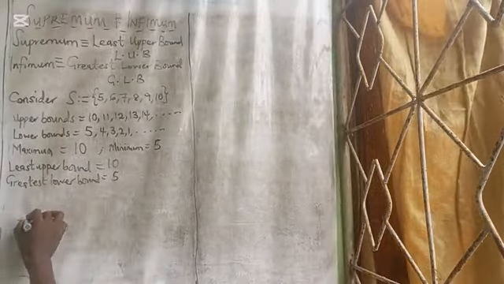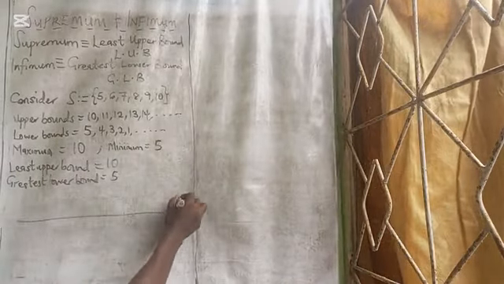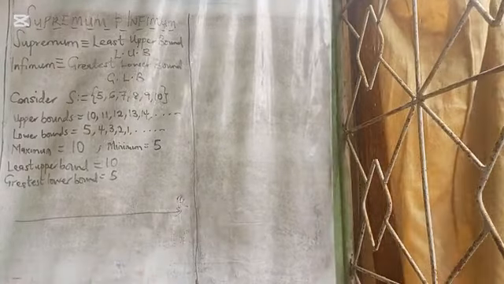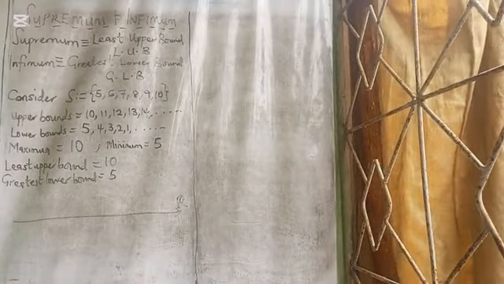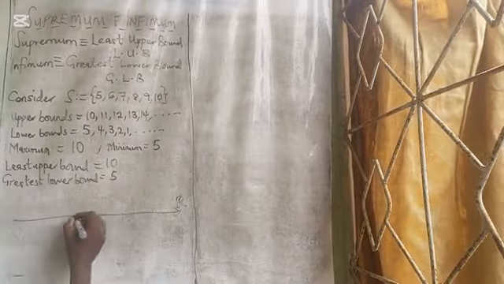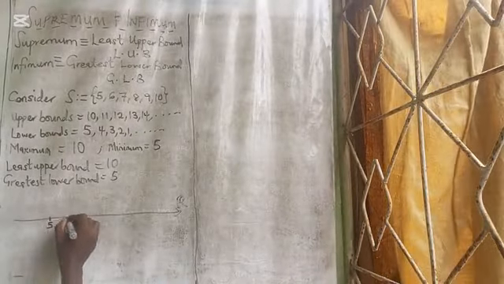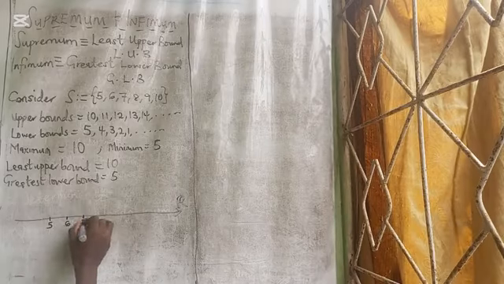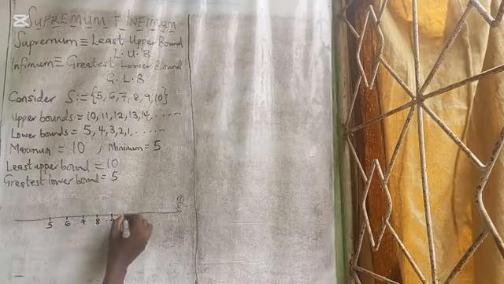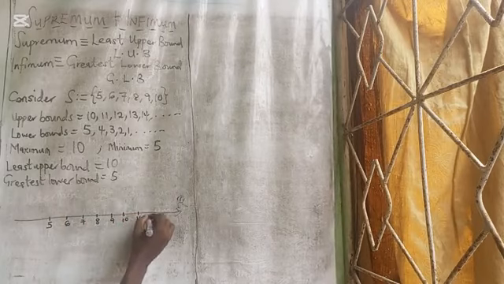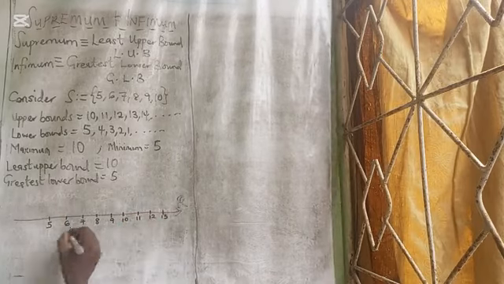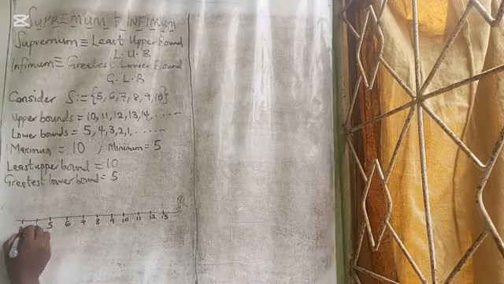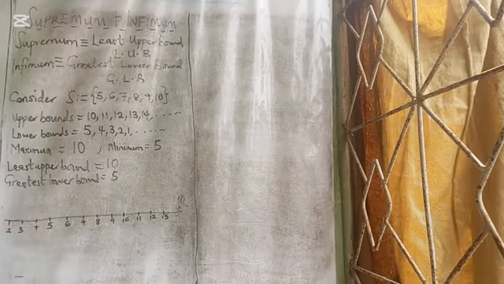Assuming this is our number line, then we have the set of real numbers, and that is 5, 6, 7, 8, 9, 10, 11, 12, 13, 4, 3, 2, and the likes.